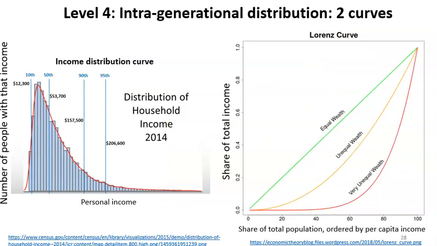We can also define system level indicators at the social side of things. Here we show two types of income inequality plots. The first one is we plot on the left side the frequency of people having a certain personal income over that income. So you see the distribution.